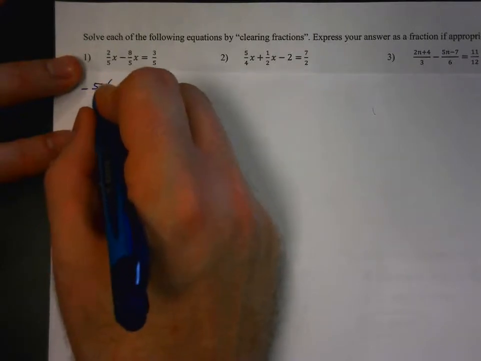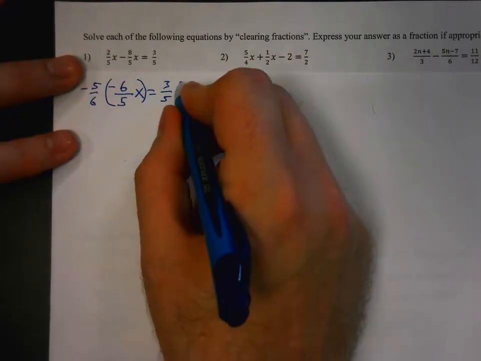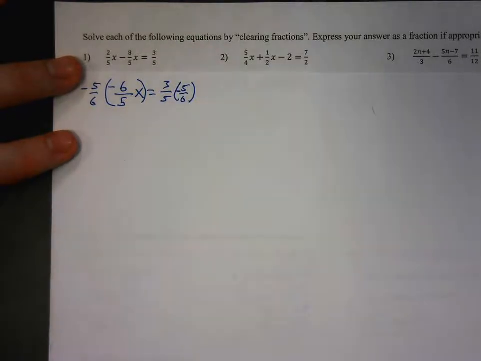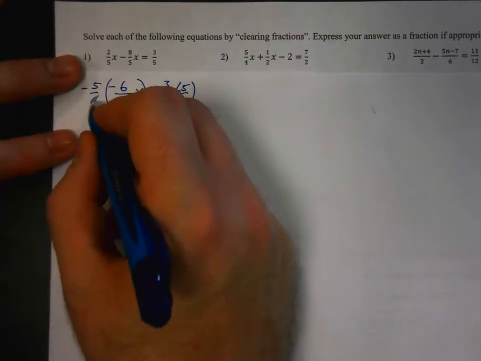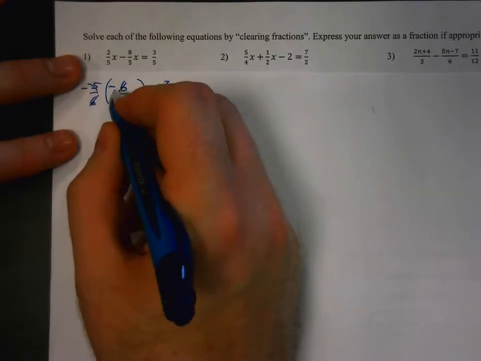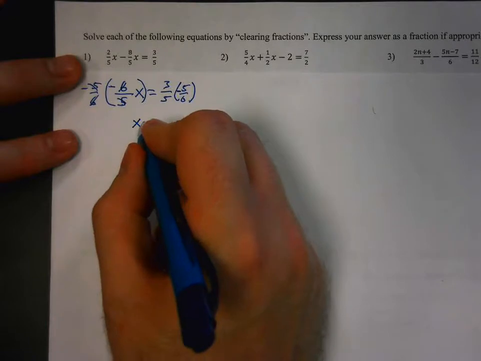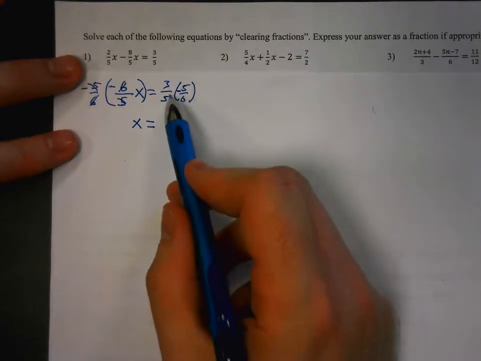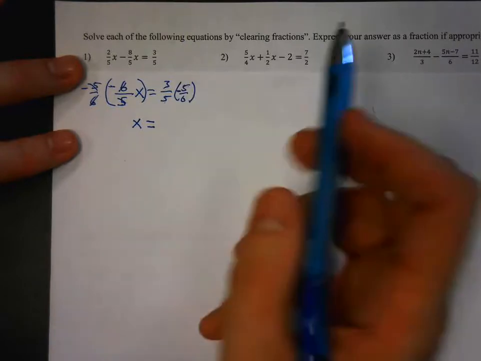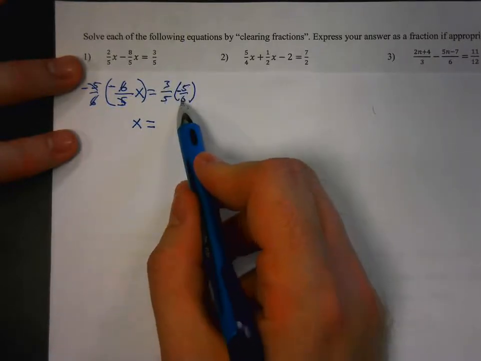Okay, and then to undo multiplying x by -6/5, the opposite operation would be to multiply by the reciprocal, -5/6. Okay, and if you do that, again, the 6 and 6 reduce to 1, -5 and -5 reduce to 1. So you'd have x equals, when you multiply this together here, you can reduce the 5's again and reduce 3 and 6 to 1/2.